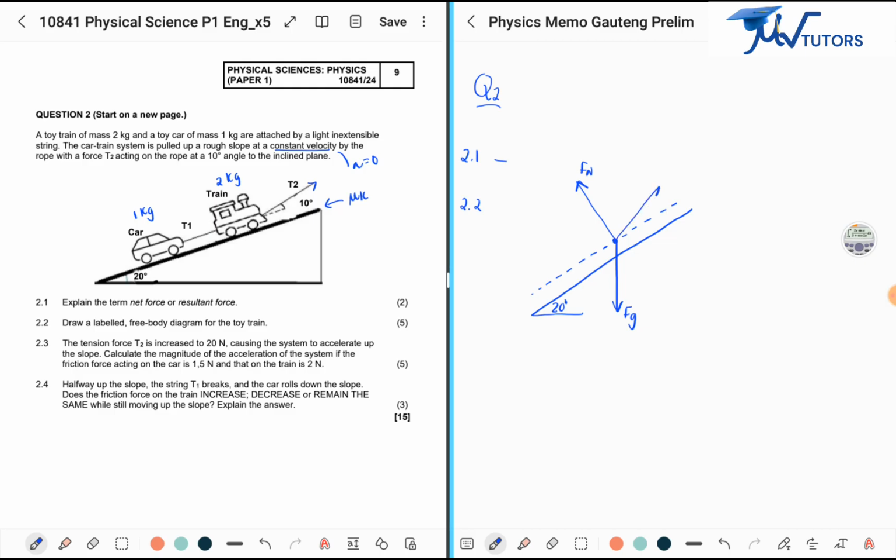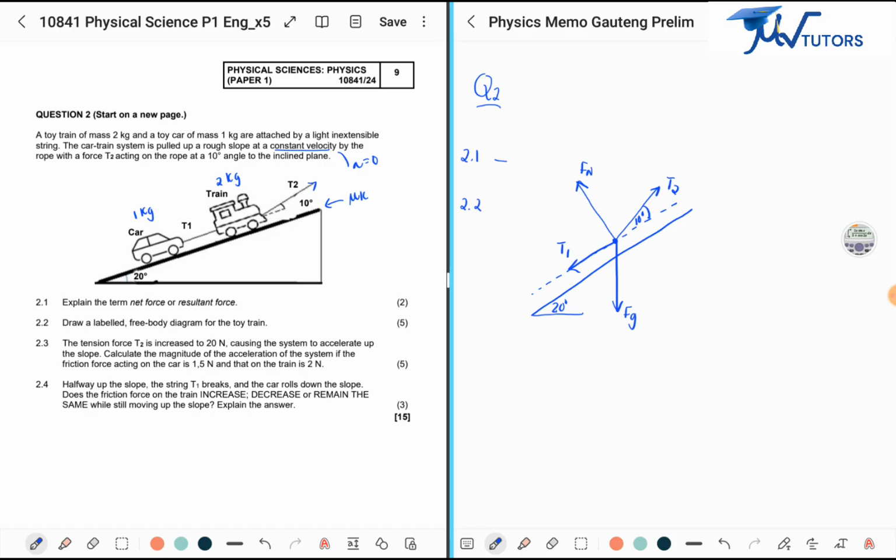Then I have that T2 force, the string pulling it up, and that's at 10 degrees. I see it's 5 marks, so I'm assuming I need to have 5 forces there. Then we have T1, so I'm just going to draw T1 there.